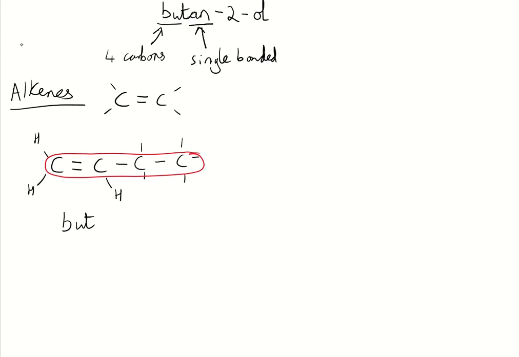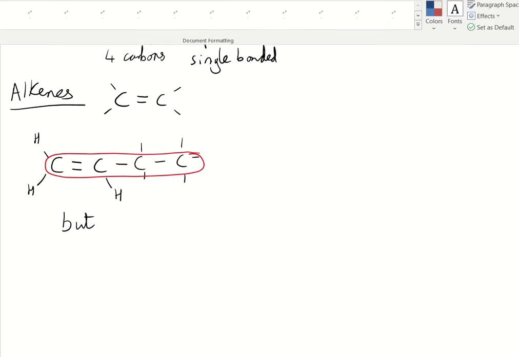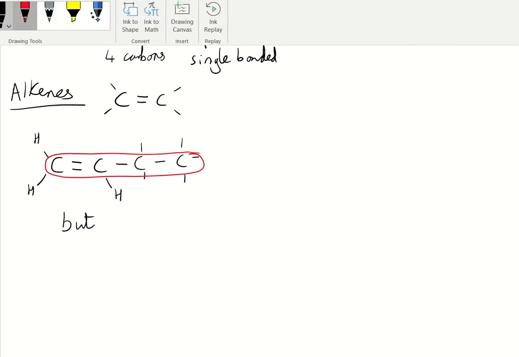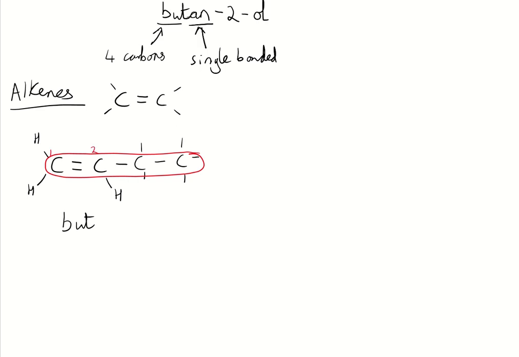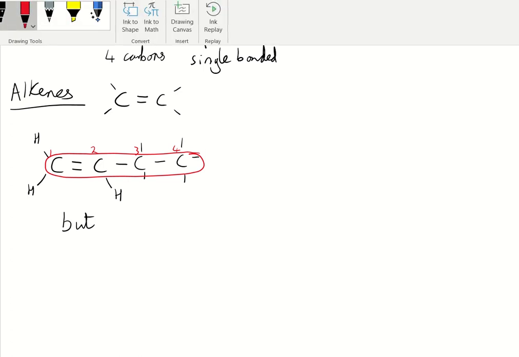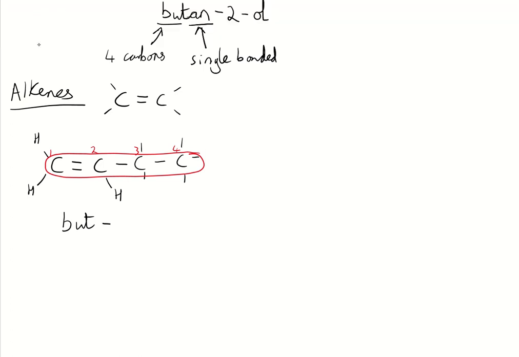Now I need to say where the functional group is. Now what you do, again, count from left and right. You give it the lowest number for where that double bond starts. So 1, 2, 3, 4 from the left. 1, 2, 3, 4 from the other side. But in this case, I've made it nice and easy from the left. So the double bond starts at carbon 1. So therefore, you say this is called but-1-ene within there.